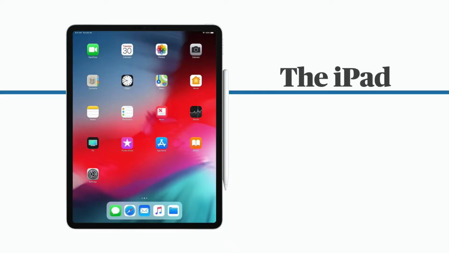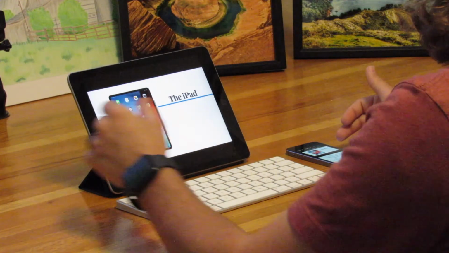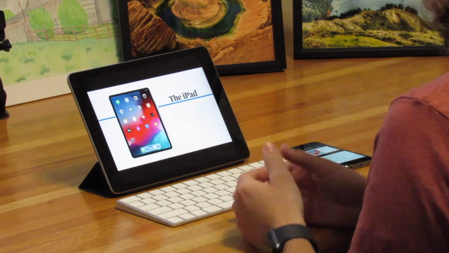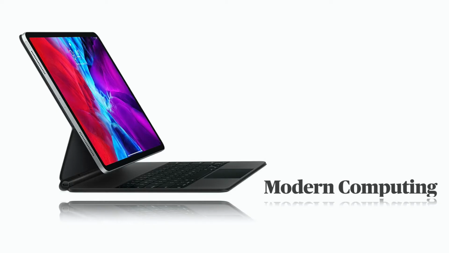The iPad is simple and pretty easy to figure out. And because of this, Apple is continuing to change iOS to make it more usable and more pro-friendly, and it's turning into one of the modern computers of the world. Recently, they've even announced a new iPad with full trackpad support and everything, all running iOS.